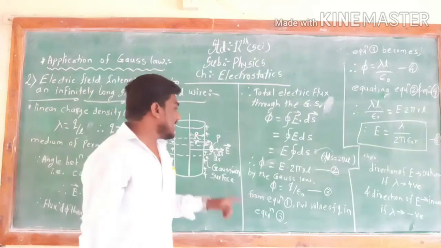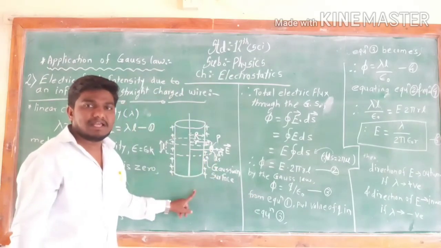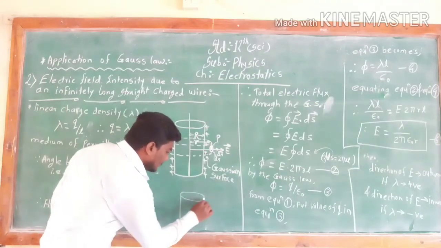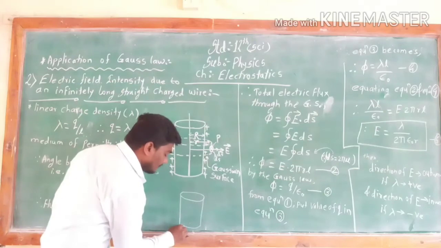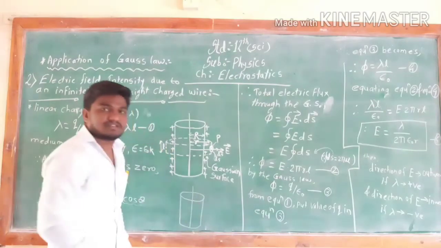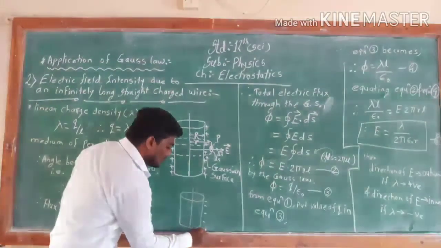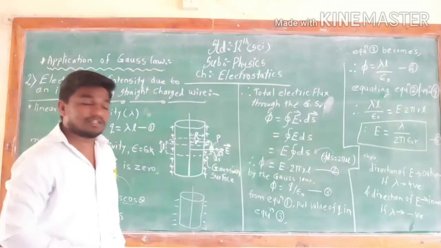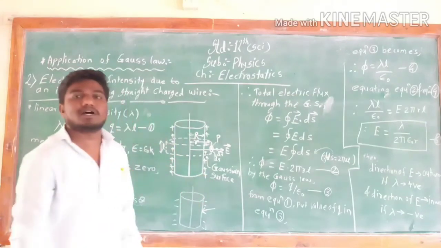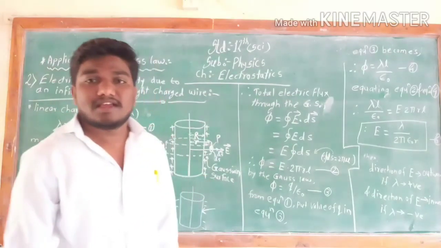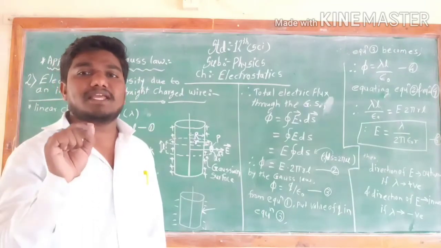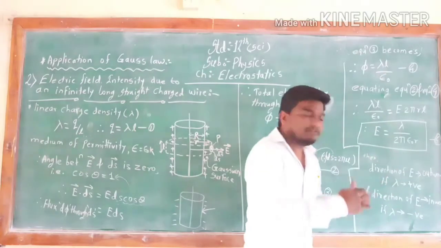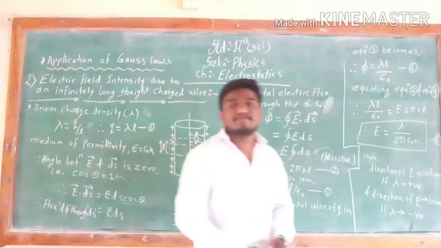And if lambda is negative, that means the infinitely long charged wire carries negative charge. Therefore, the direction of E is inward if lambda is negative.